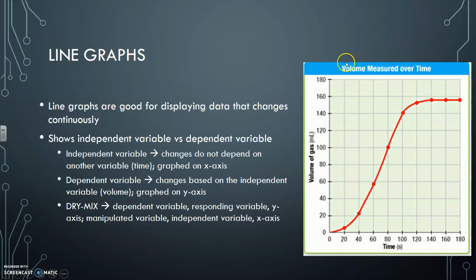You just need to have your title, which is a descriptive title. Basically, it tells you what you're comparing in the graph. So volume of a gas over time. Pretty simple. Then you have to have your axis titles, and then the units that these numbers are in.